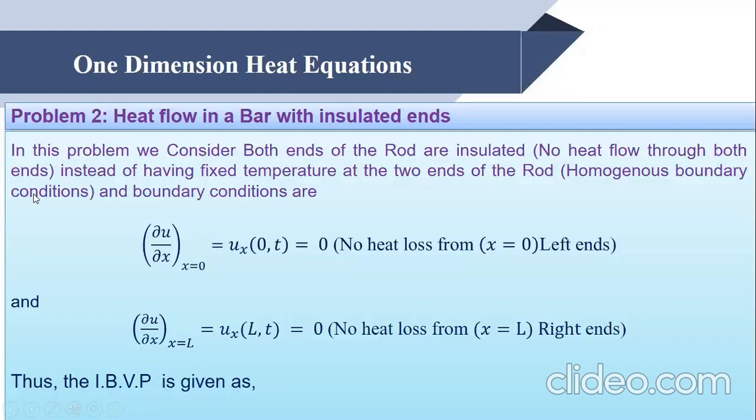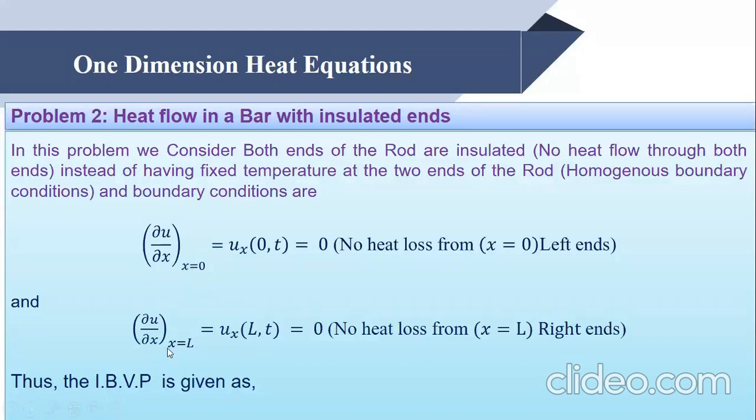Therefore, the boundary condition of problem 2 is the derivative of u with respect to x at x equal to 0 is equal to 0. That means no heat loss from the x equal to 0 left end.